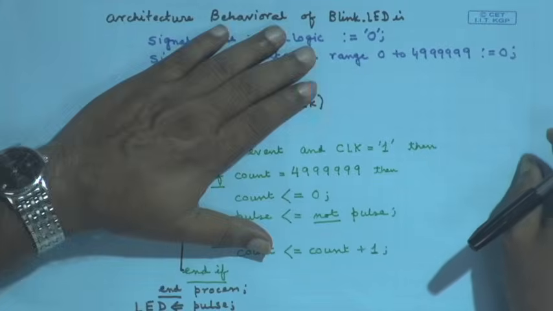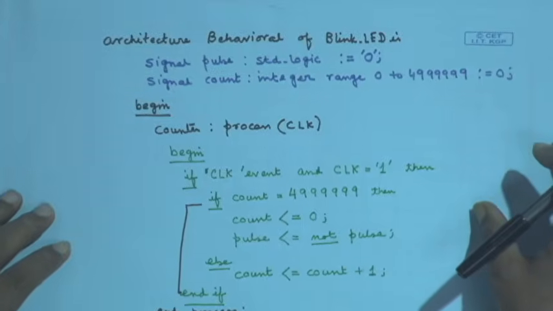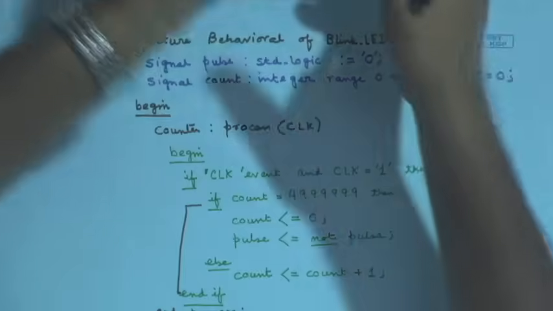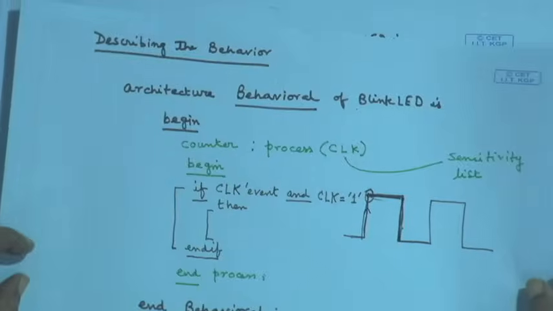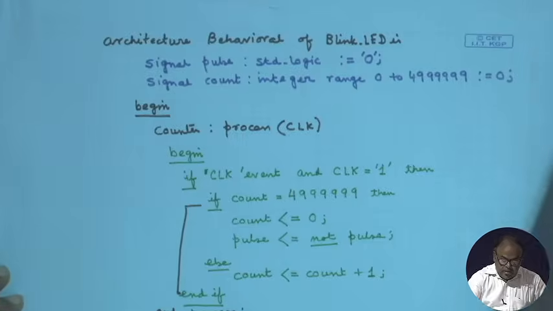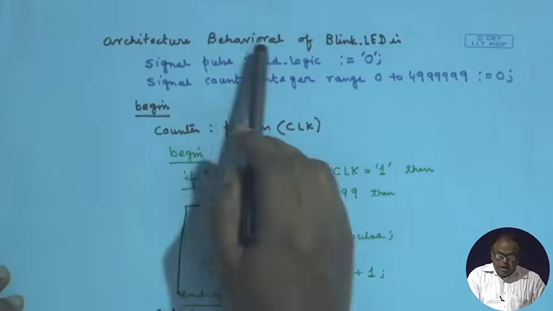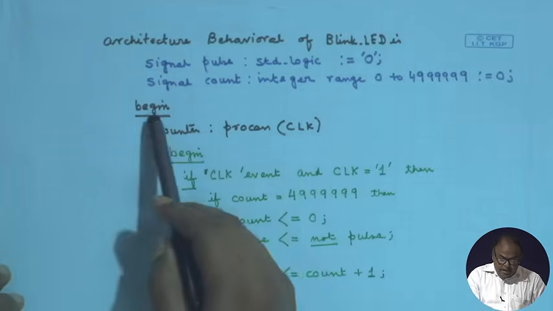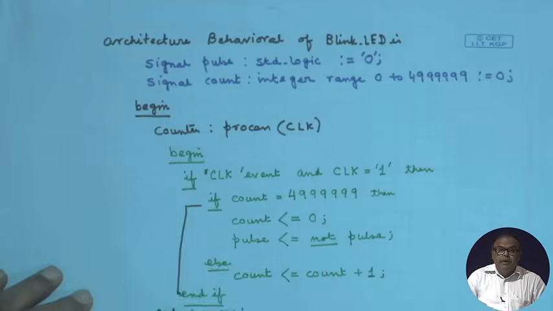Now, forget about whatever is written here, I will just compare with whatever I had written in the earlier slide, and we will continue from there. So, what we had written was this black part: architecture behavioral of blink LED is, then begin, end behavioral.